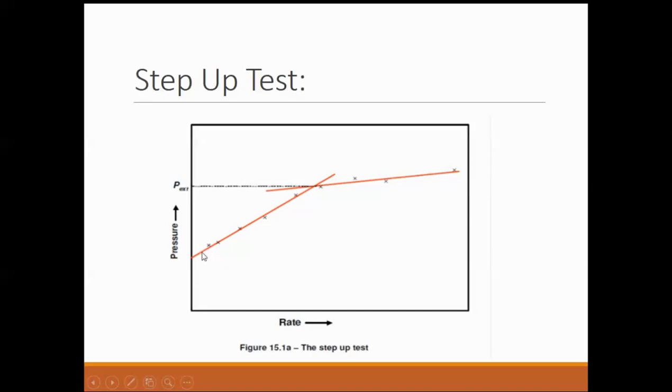Okay, and if it is the concave graph, then it will be perforation dominated. It will be called that because of the perforation size or dimensions of the perforation, this friction is caused. The other one is called tortuosity dominated. So this is the result of a step down test. So this is how we analyze.